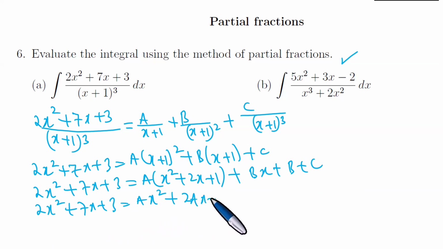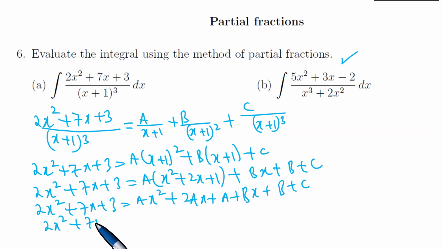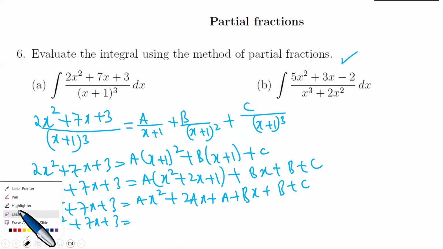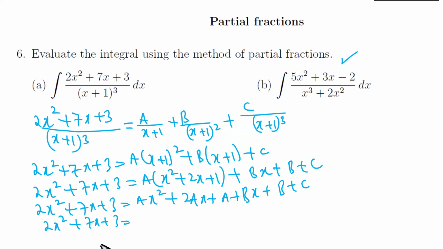So A times x squared, 2Ax plus A, Bx plus B plus C, meaning we have 2x squared plus 7x plus 3. The x squared is only one quadratic term, so you can only write Ax squared. And then you have twice A plus B.